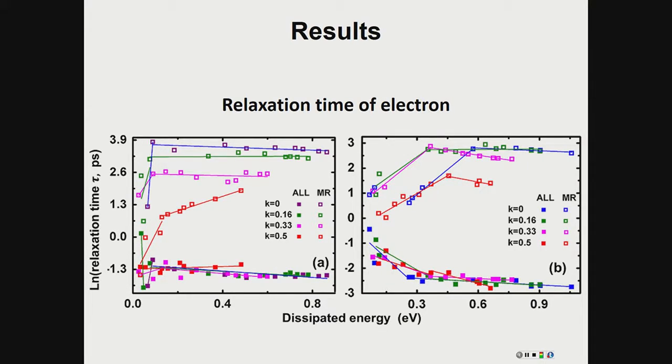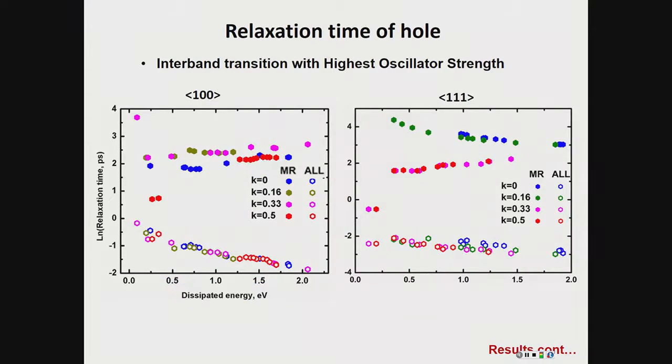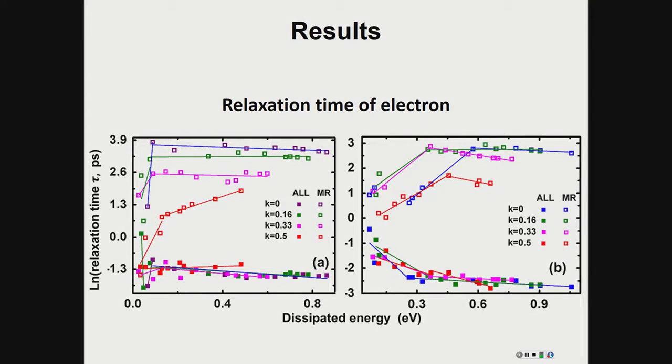I need to fit them. Oh, okay. These are fitted lines here. It's hard to connect them with lines because this is previous results. It's like I did last summer, and it is already published. I just put it here to show the electron relaxation time.